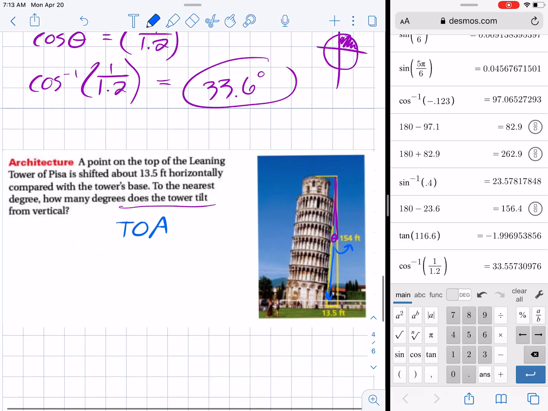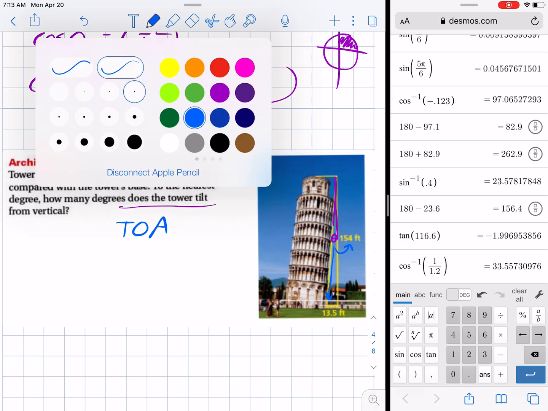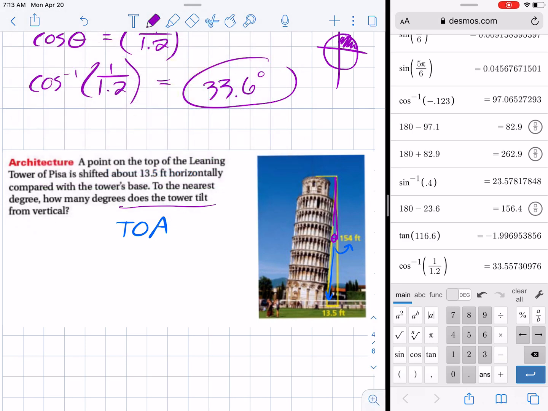So we're going to be using our tangent trig function. And we would just enter the tangent of what angle gets us an opposite side length of 13.5 over 154. And then on your calculator, inverse tangent of this ratio, and you get that angle measure.